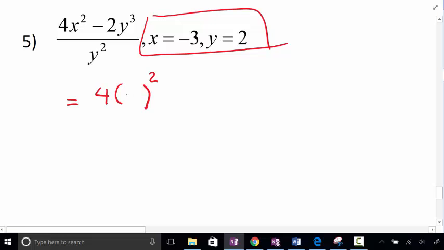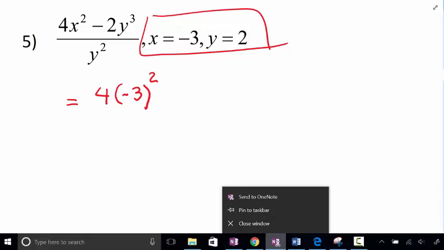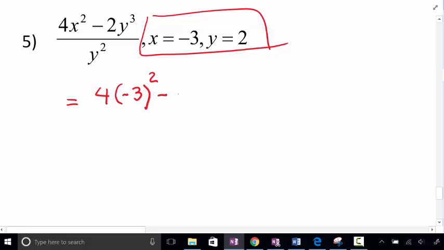And so x is -3. So you put -3. You got it? So what would the next thing look like then? Minus 2 bracket. Okay? 2 bracket. And then this is cubed. Right? Because of that cube right there.